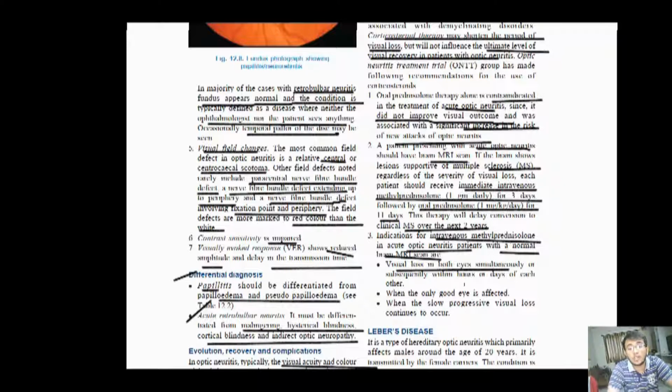Or if the visual loss takes place subsequently within hours or days of each other, that is, if one eye has visual loss and subsequently within hours or days there is visual loss in the other eye, give him IV methylprednisolone 1 gram for 3 days. Then when the only good eye is also affected, you can give it. Or third, when slow progressive visual loss continues to occur. So these are the 3 indications for IV methylprednisolone with a normal brain MRI.